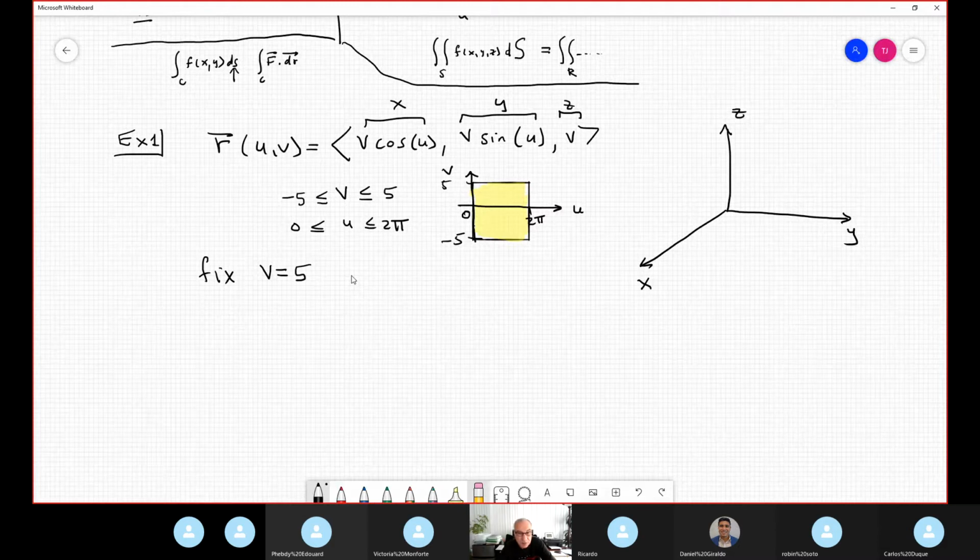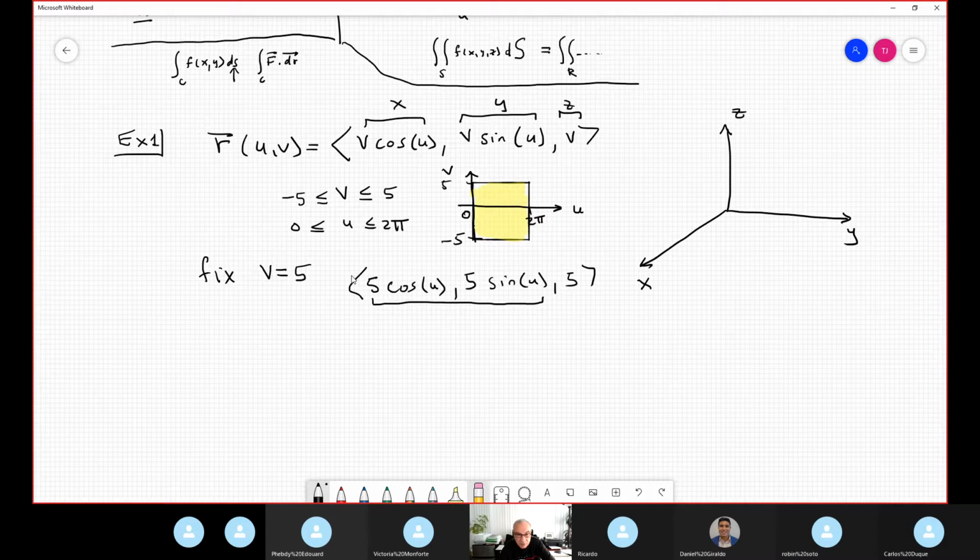Okay, suppose B equal 5. Well, okay, my vector value function looks like that. It's 5 cosine U, comma 5 sine U, comma 5, because I replace B with 5. Okay, this part is very, very well known to you. The classical parameterization: cosine U, sine U, and Z is equal to 5.